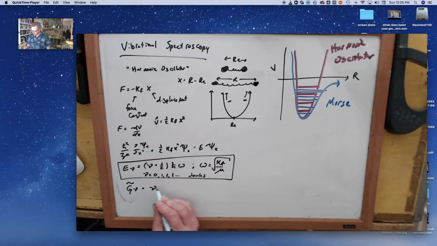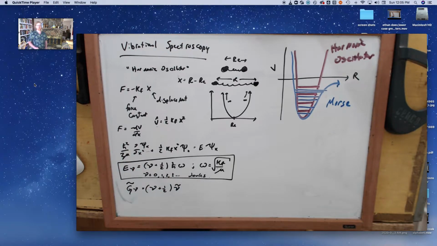And that's going to be nu plus 1/2 times nu tilde. So if we just compare these two equations for a minute, we recognize that h bar omega is an energy, and here we have a frequency and an energy.